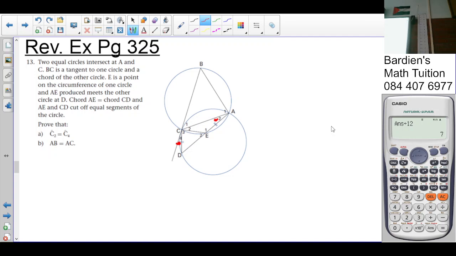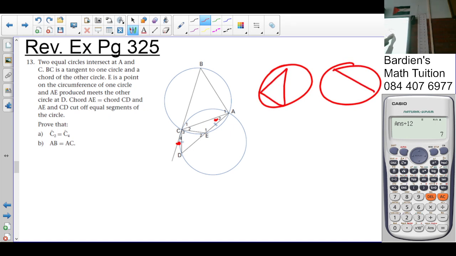Remember, that is one of the corollaries that we did after we looked at angles in the same segment. Where that is equal to that, then that angle is equal to that, as long as the circles are equal in size. So that corollary was equal chords, equal angles, and equal something like that.